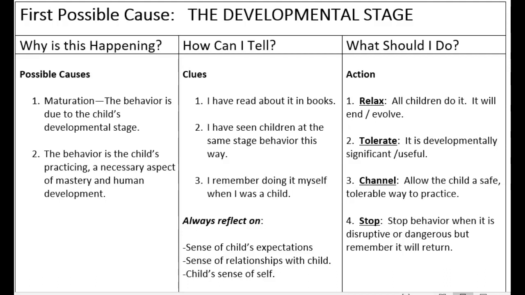This document has 5 possible causes to consider when looking at a child's behavior. One is a developmental stage, another is an individual difference, another is that the environment causes the behavior, the next is that a child needs to learn something, and the last is that the behavior is from an unmet emotional need.